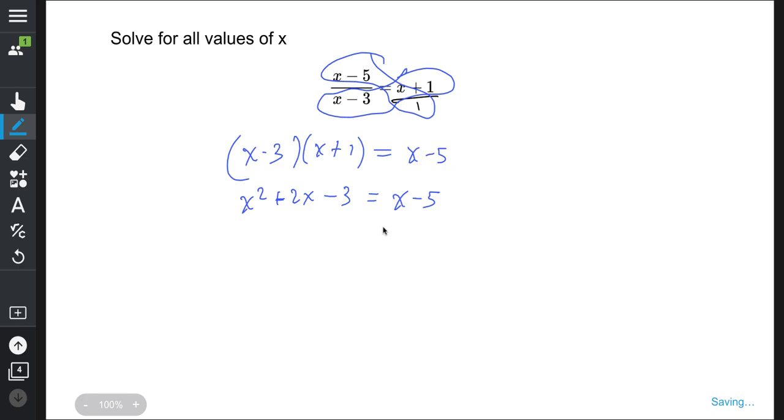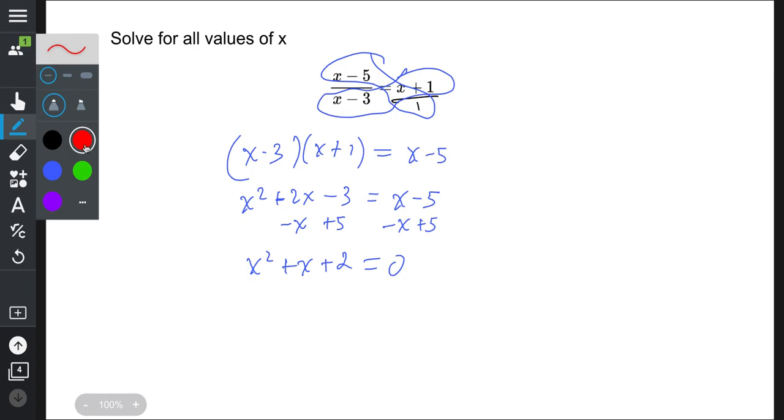Zero out this side. Subtract x from both sides. Add 5 to both sides. Okay, this will be 0 by design. We'll have x squared plus x plus 2. I just noticed a mistake.